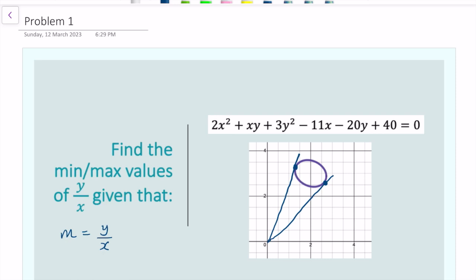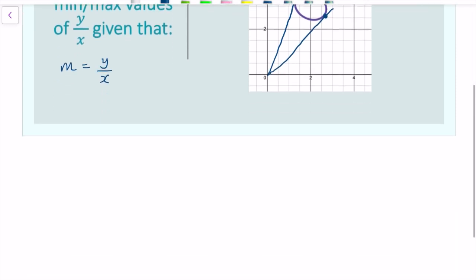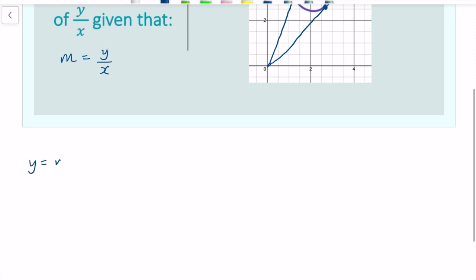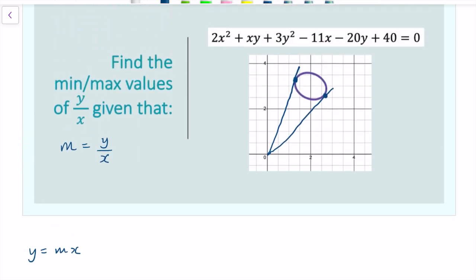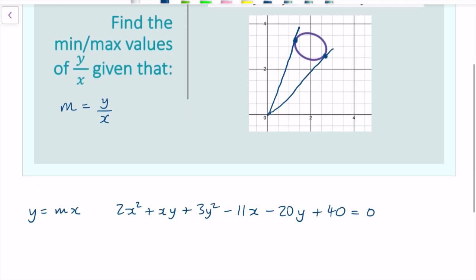So what we can do is consider the equation y equals mx, which is a line with a slope of m, and we can solve that simultaneously with the ellipse equation. If we solve that simultaneously, we're looking for a discriminant problem where we make the discriminant equal to 0.